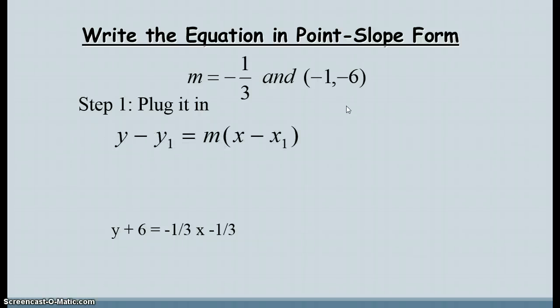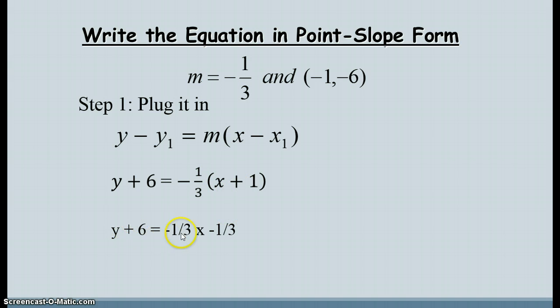So you're going to plug this data into the equation, which is y minus y1 equals m times (x minus x1). So y plus, remember, minus -6 is plus 6, equals -1/3, which is the given or resulting slope, times (x plus 1).